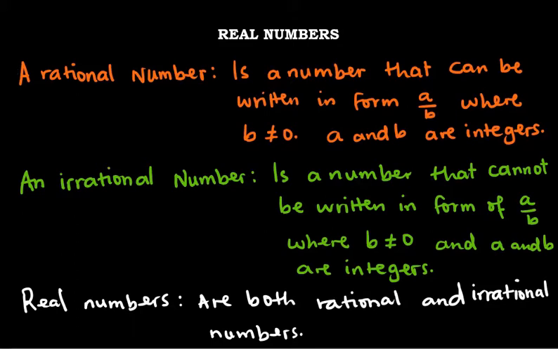Okay? But of course, we have seen that real numbers are divided into two parts: rational numbers and irrational numbers. Now, to understand very well what rational numbers and irrational numbers are, let's look at this table.